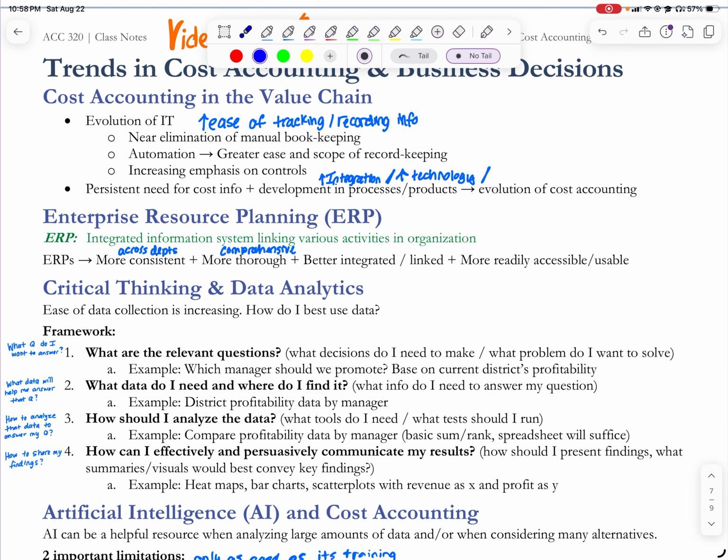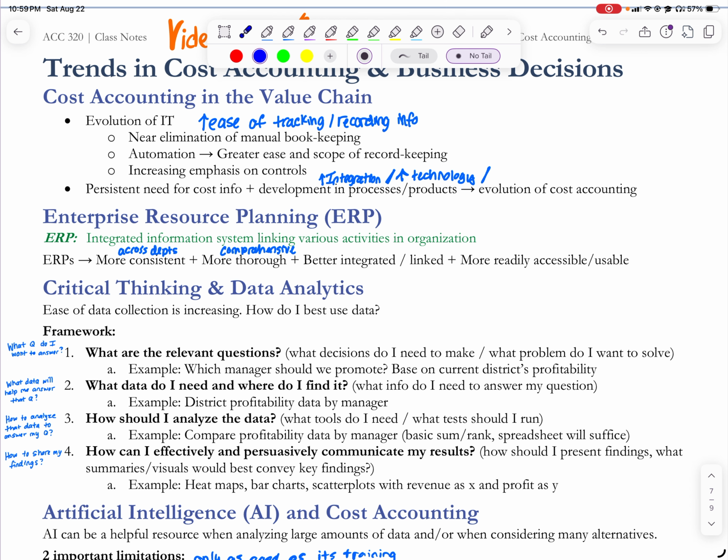As we've begun to collect more information with greater ease, there has been a shift to focusing on using that information in controls to inform our controls or to identify gaps in controls. So there's a change in the information we're collecting and what we're doing with that information to some degree.